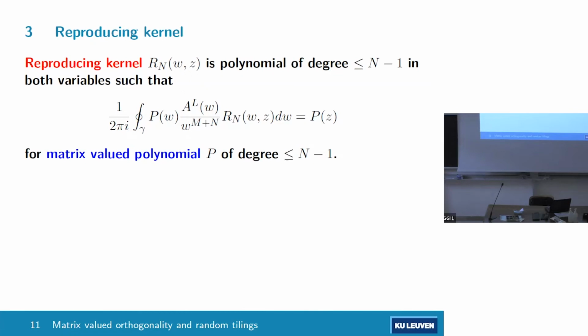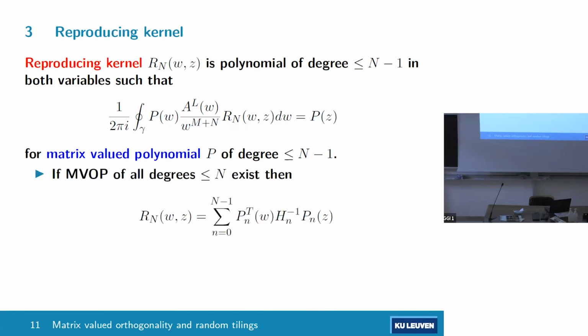That's the reproducing kernel. And in case all these matrix-valued orthogonal polynomials exist up to degree N-1, well, you only need N-1 actually, then you can write down this reproducing kernel in terms of these matrix-valued polynomials here.